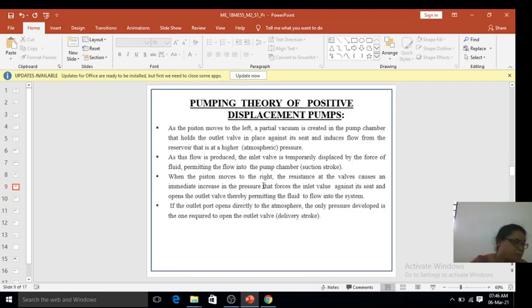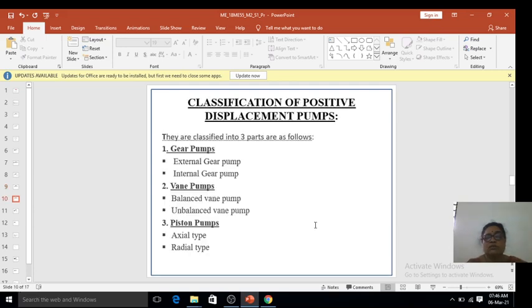Positive displacement pumps can operate at pressures of up to 800 bar, and they also produce a high volumetric efficiency, as I told earlier.